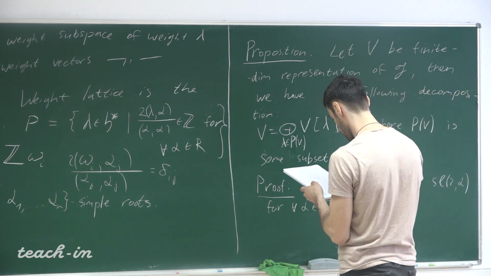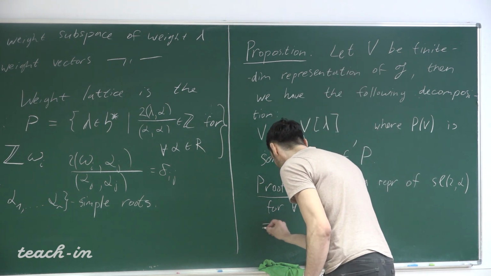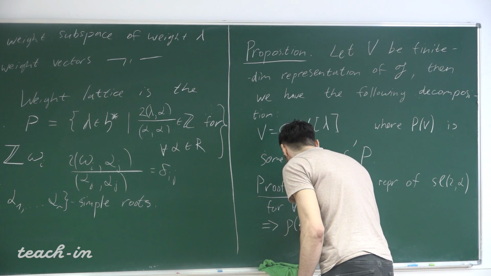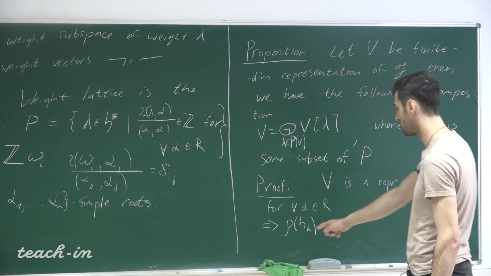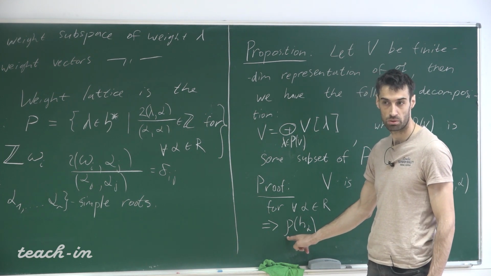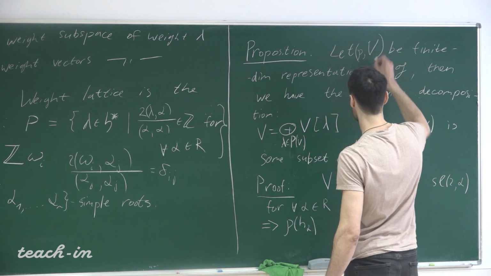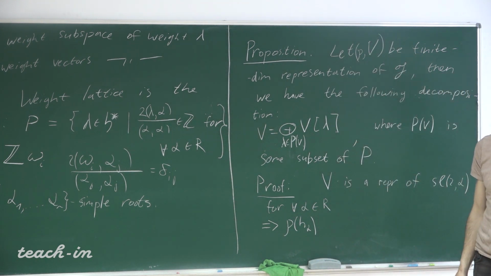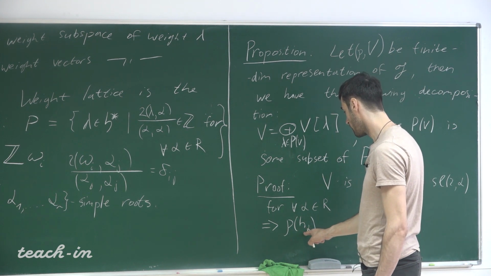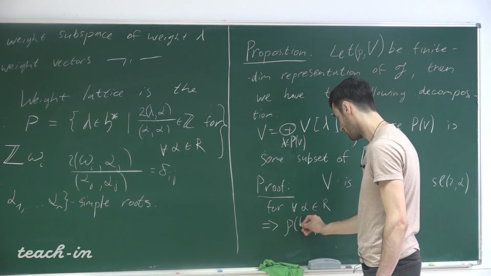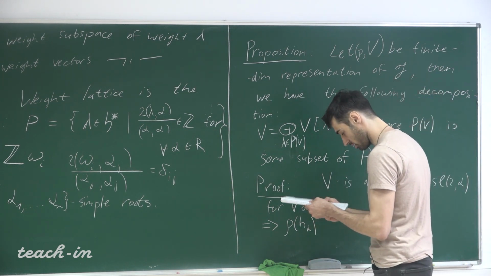So therefore, rho of H alpha, where rho is the corresponding homomorphism from G to endomorphisms, so let me put it like this, a pair rho V, the image of H alpha is diagonalizable.